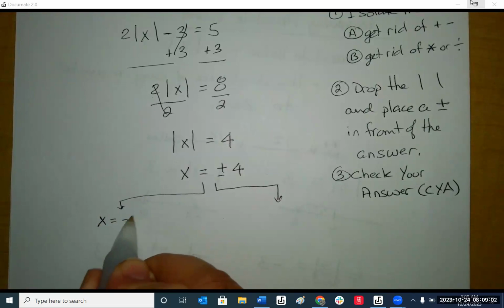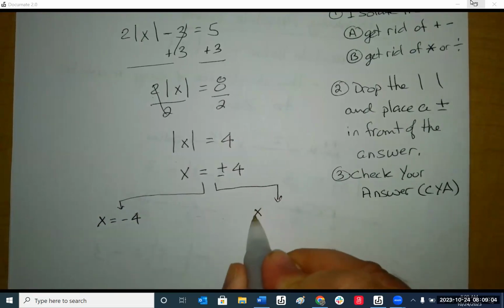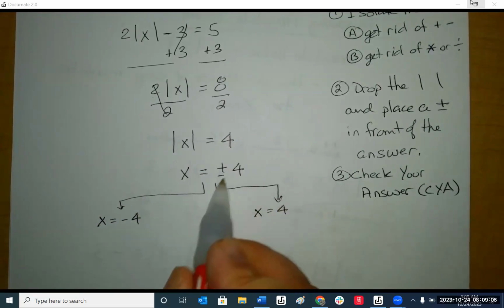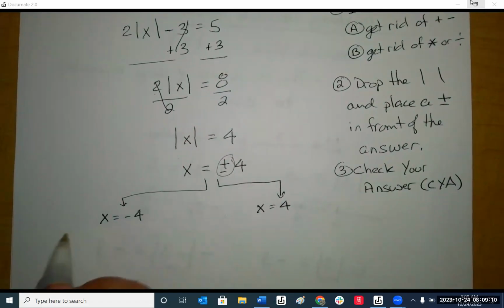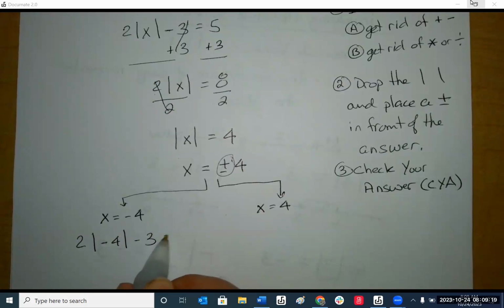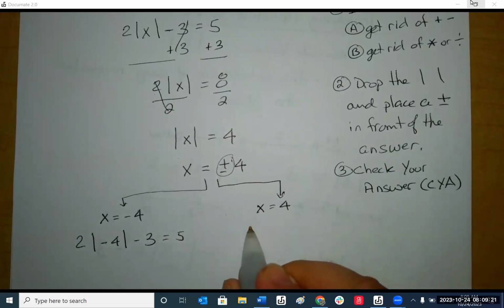X can equal negative 4 and x can equal positive 4. That's what that means. Negative 4 in place of x. And this side we put positive 4 in place of x.